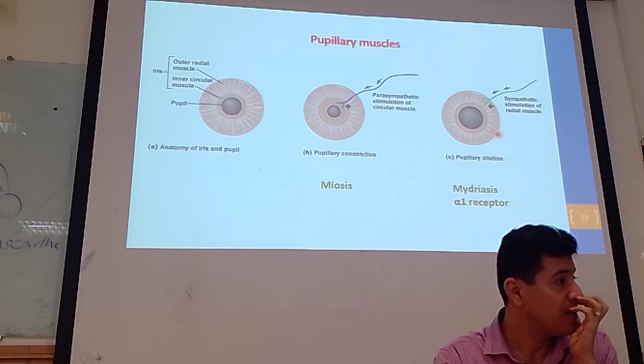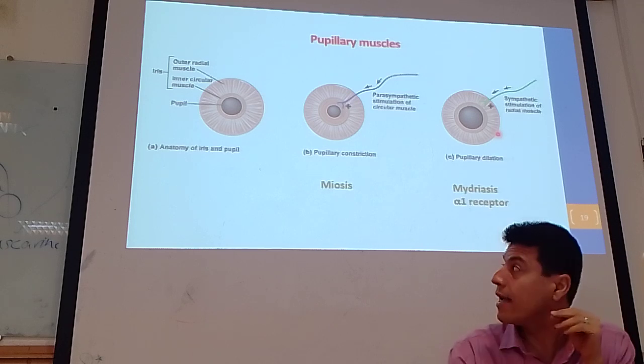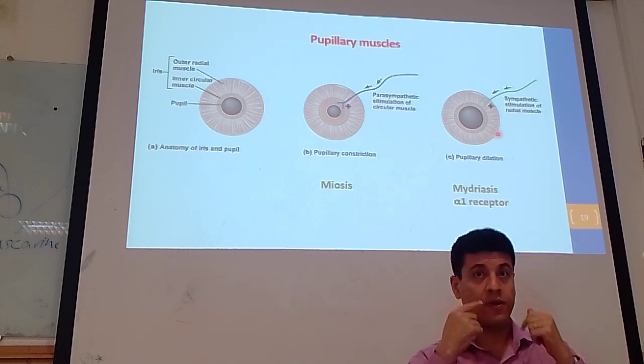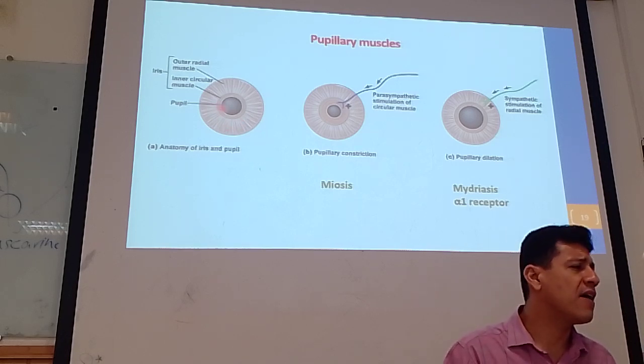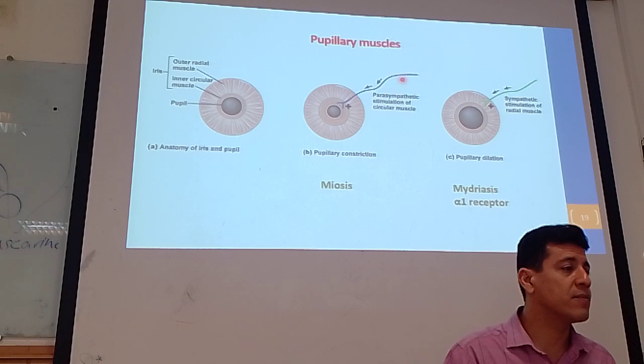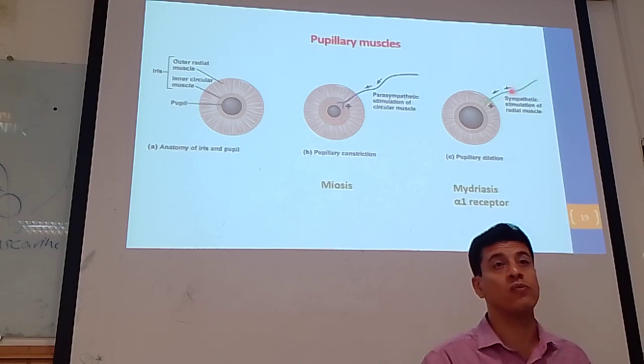So this image shows the iris muscle in the eye. You know that we have circular muscle and radial muscles, right? The circular one is innervated by the parasympathetic nervous system, and the radial muscle is innervated by the sympathetic postganglion.